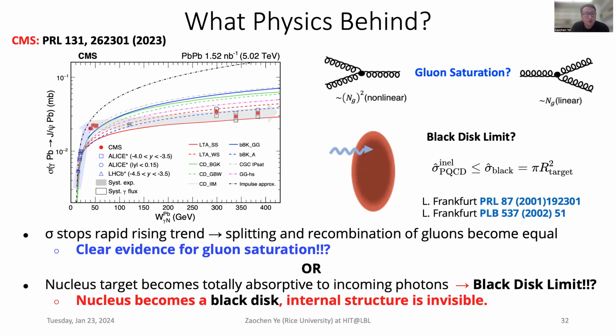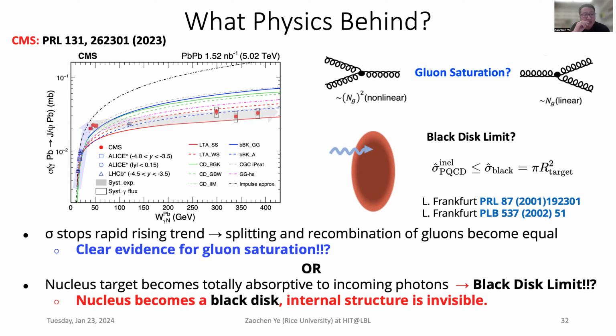another theoretical paper also pointed out that if the target nucleus becomes completely absorptive to the incoming photons at high energy, once the gluon density is high enough, the photon-nucleus interaction cross-section itself can saturate.